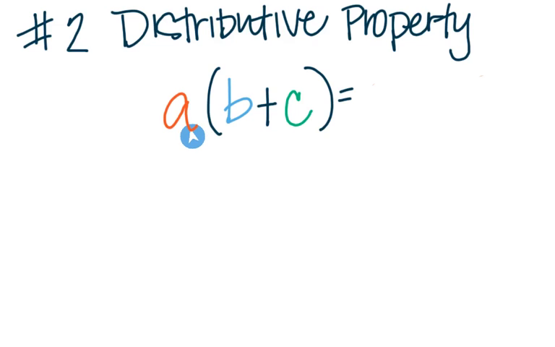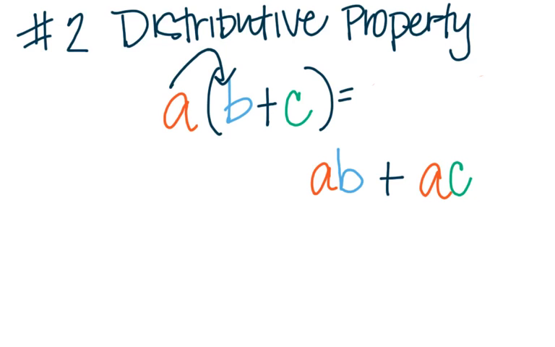So if I have A being multiplied by B plus C, it's going to look like this on the other side of the equal sign: A times B plus A times C. So you're distributing the A to the B, and you're distributing the A to the C. That A gets to go and hang out with the B and with the C. So A is being multiplied to both terms. So let's do some practice problems with this.